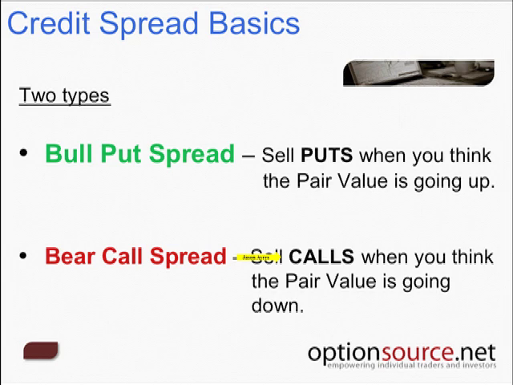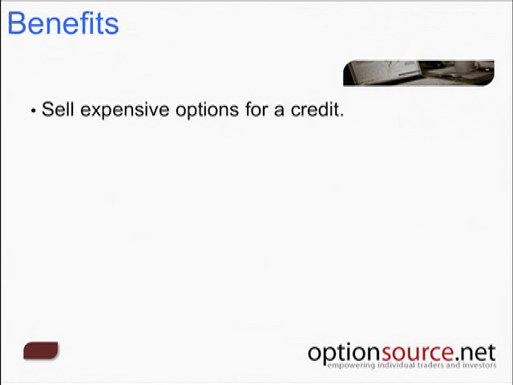If we don't do something to limit our obligations, then number one, we're going to have to put up a significant margin requirement to participate, and number two, we don't know how much we stand to lose if we are on the wrong side of the trade.